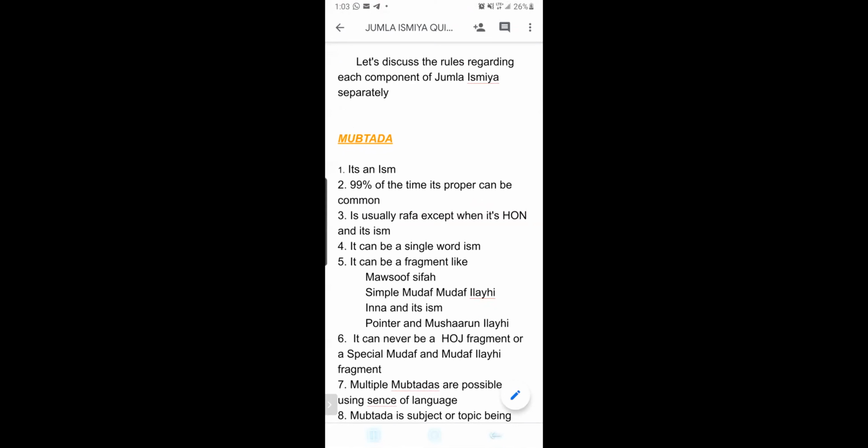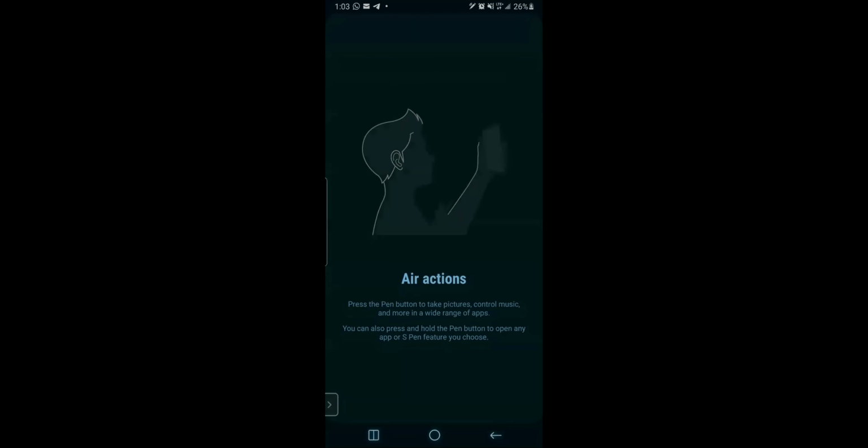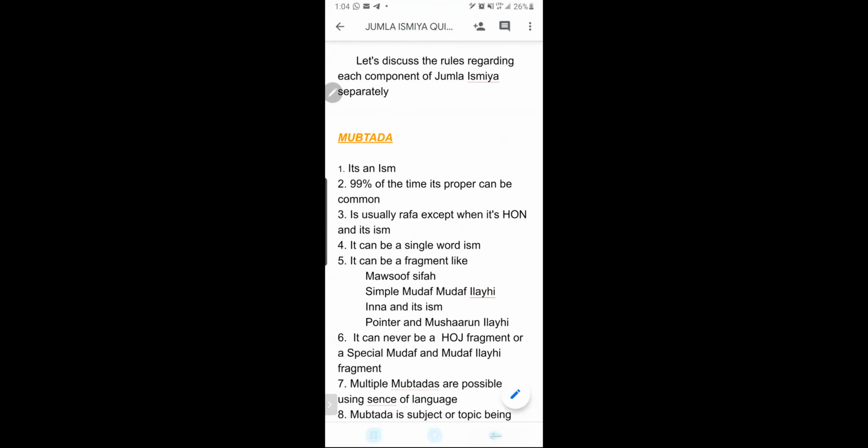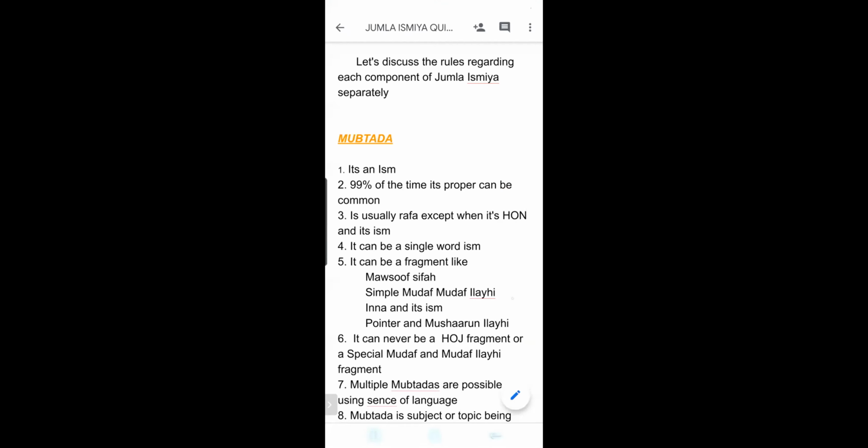So Mubtada has to be there. If there is no Mubtada, then you will not have Jumla Ismiya. Number two, 99% of the time, Mubtada will be proper, right? And how do we know that? I'll write on here.